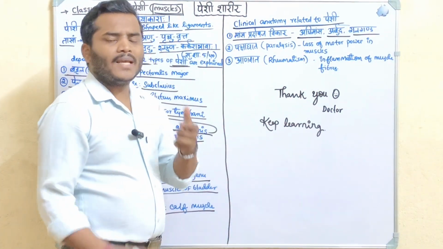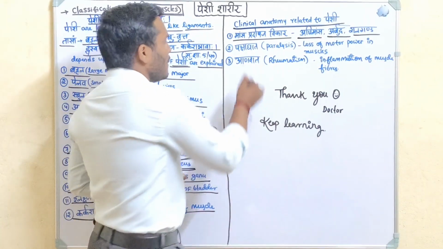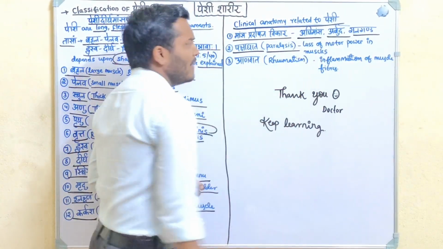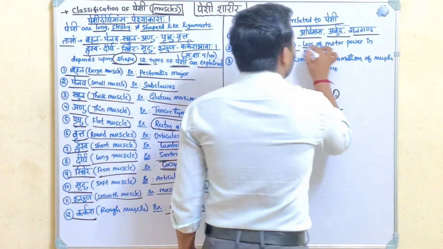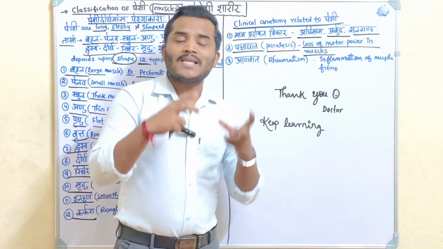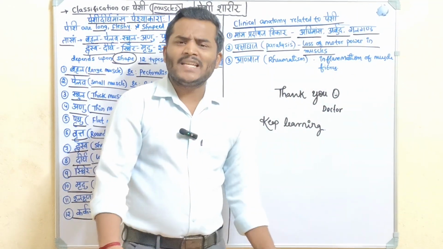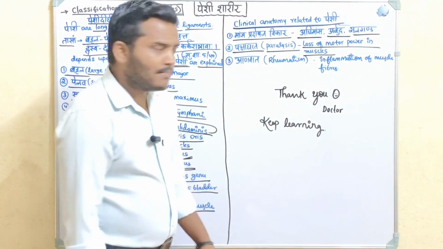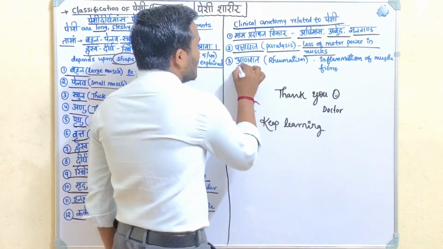Galaganda means inflammation of the thyroid gland. Pakshagata means paralysis. Paralysis means loss of motor power in muscles. Motor power refers to movement, for example in our lower limbs. Okay, that is called as paralysis.